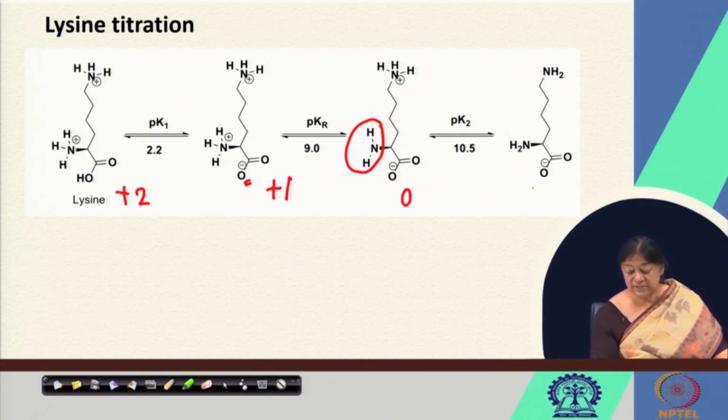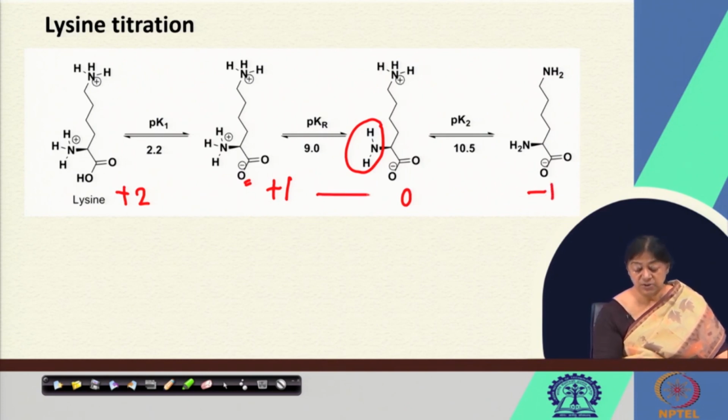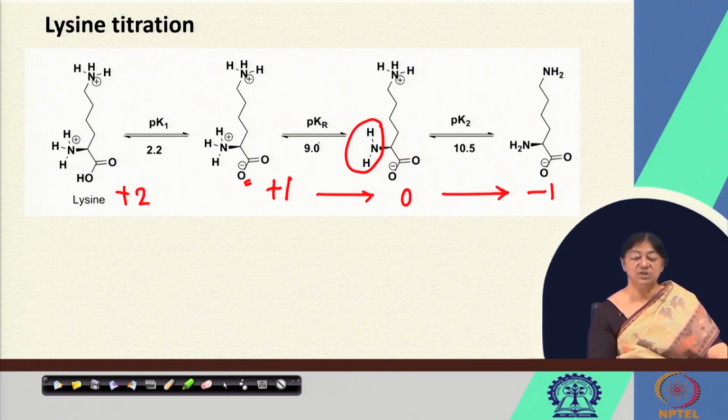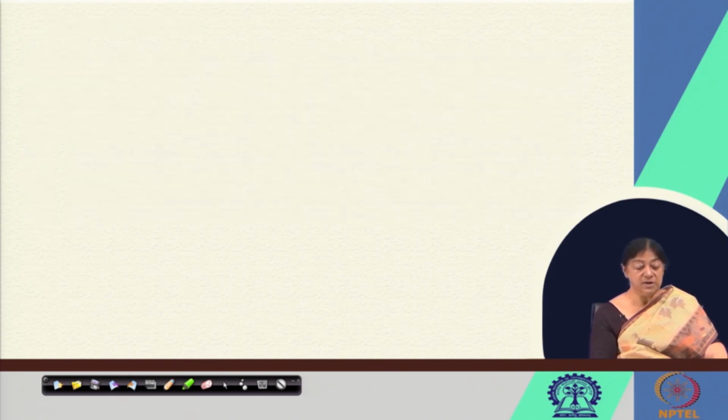Now, when we go to the next case, we have a charge of -1. So what am I interested in? +1 to 0 to -1. So I have to look at the average of the pKR and the pK2 in the case of this basic amino acid lysine. Similarly, we can look at other amino acids as well.